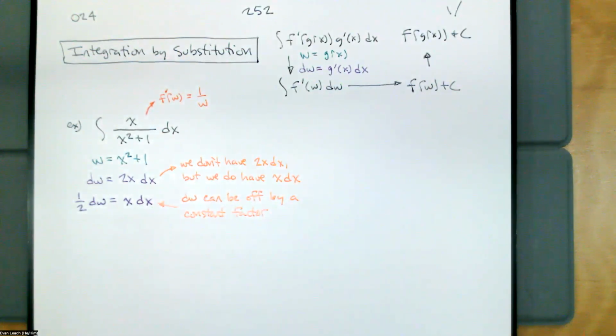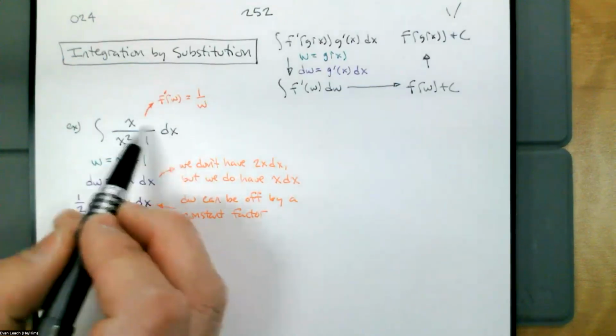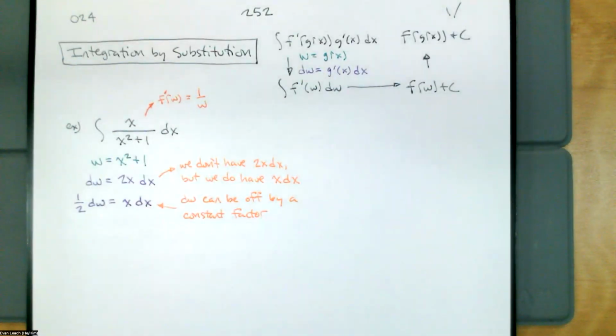We just need a constant multiple of that dw to show up in our original integral so that we can continue our substitution. That tells us that this substitution is going to work. I can let w equal x squared plus 1, so dw is 2x dx. So I'm going to replace my x dx with just half of a dw.